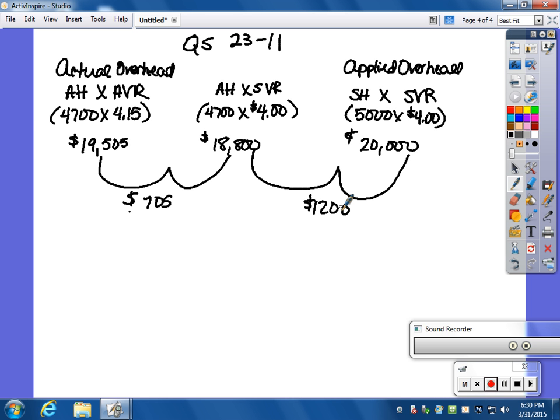This is how we were able to substantiate that standard hours are greater than actual hours, and over here actual rate is higher than standard rate. Does that make sense? That's why I kept asking how you know if it's favorable or unfavorable. All you see is AH, SBR, QPO, whatever. But that's the way you're going to be able to tell. But it doesn't stop here.